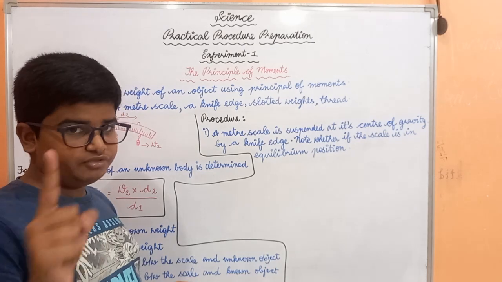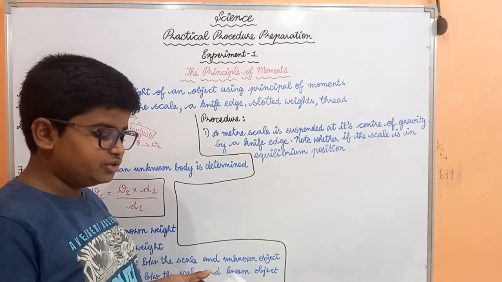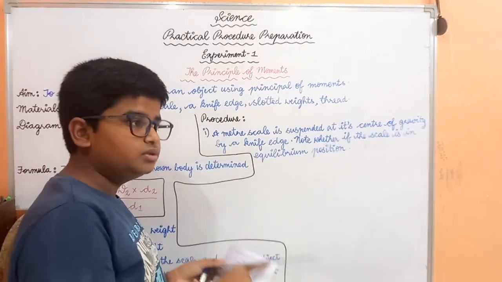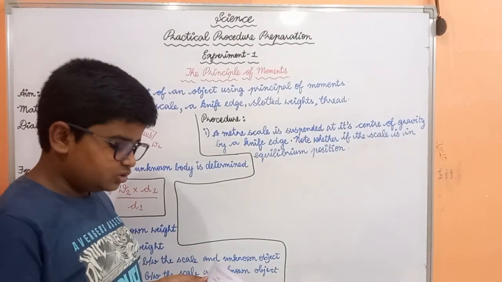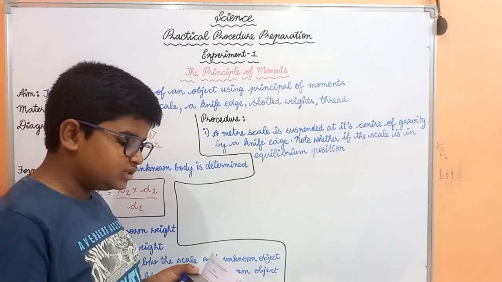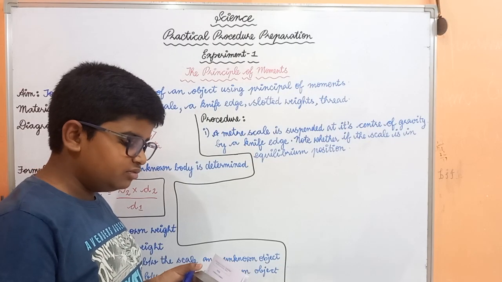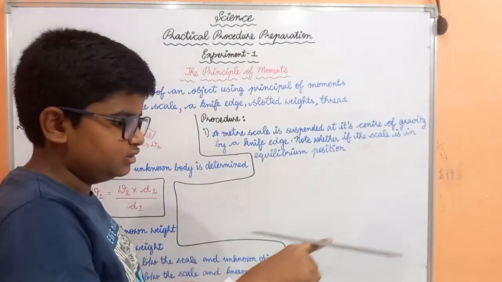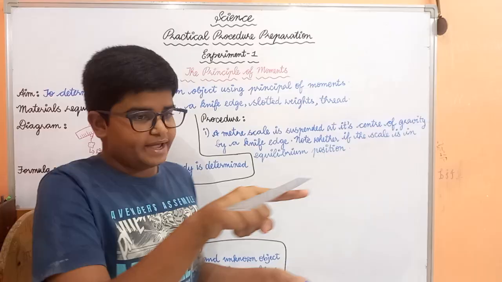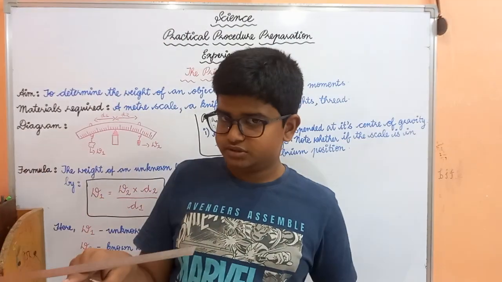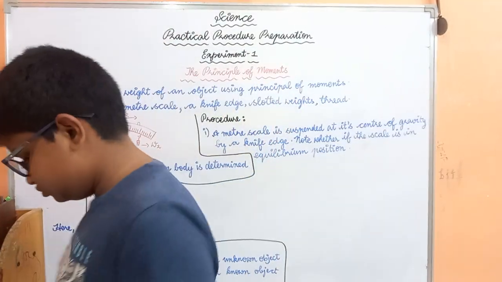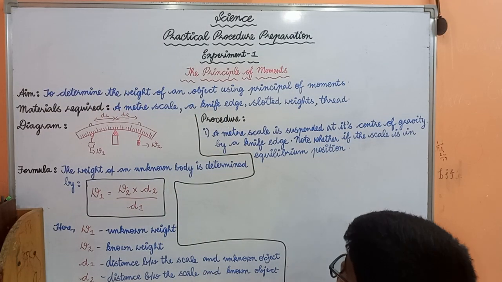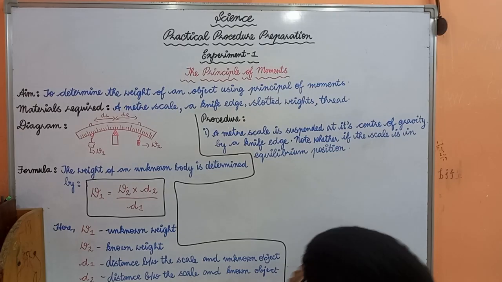If you divide it by 2, it's 50. So you have to make sure that the scale balances at 50 centimeters, like this. It should stay in the equilibrium position. There are only 5 procedure points.